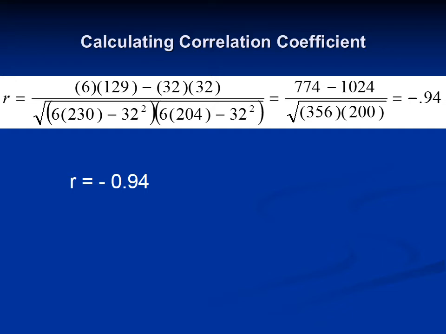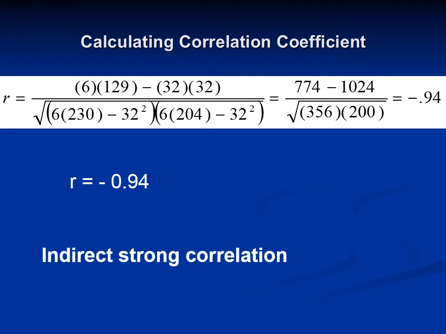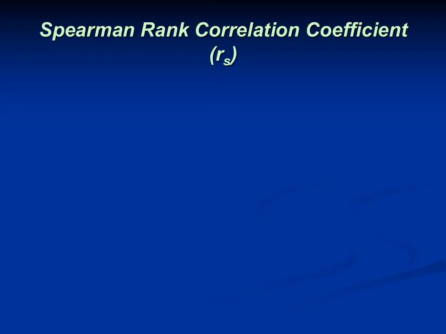So R as negative 0.94 automatically shows you that there is a very strong negative relationship. When one increases, the other one will decrease. So you can interpret it as an indirect strong correlation, or a negative strong correlation.